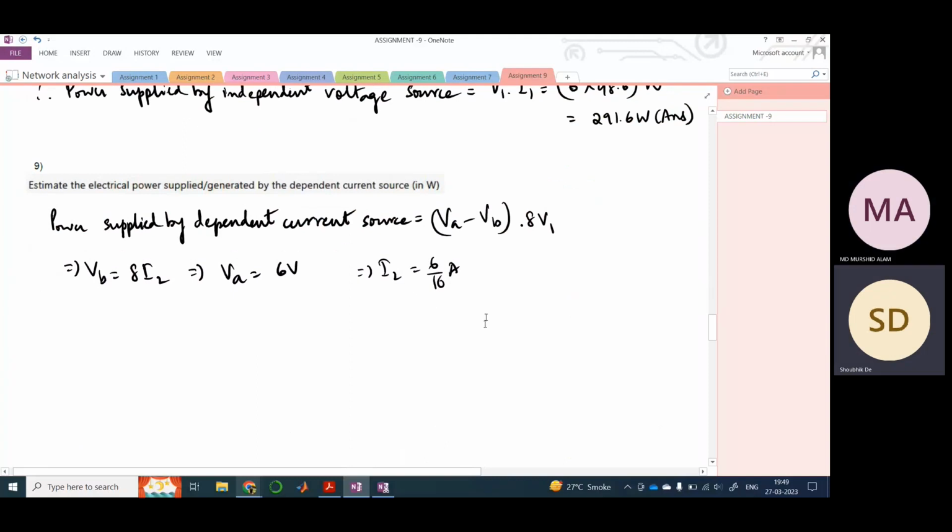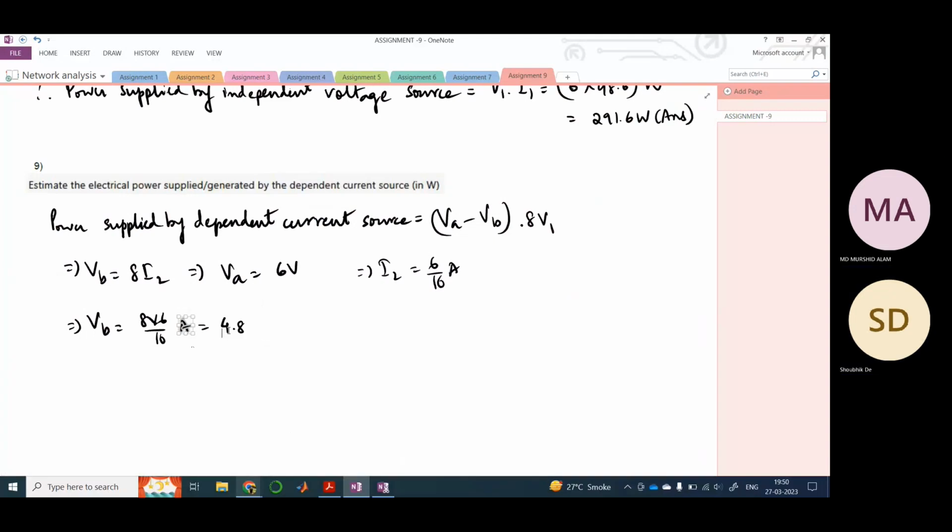So once you do that, you can easily get all the values. VB is nothing but 8 into 6 by 10, which is 4.8 volts. Now let us denote the power as P2.